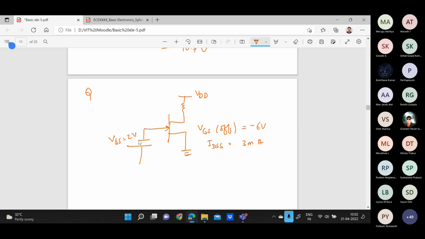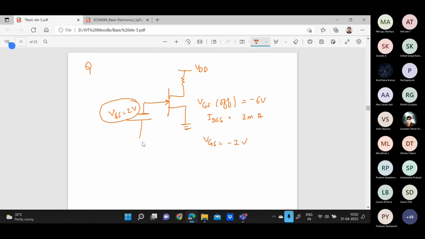As you know, you have to consider VGS as negative. They will give directly VGS equals 2 volts, but here you have to consider VGS equals -2 volts. You can see the direction of the battery, the direction of the voltage source. And they said find the value of ID. How will we find it? Tell me the formula that we can apply here.